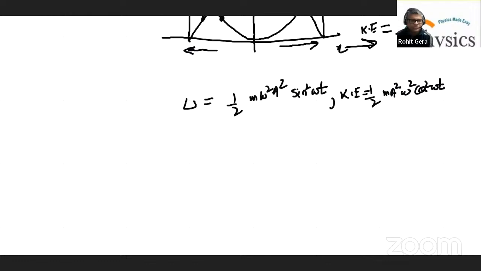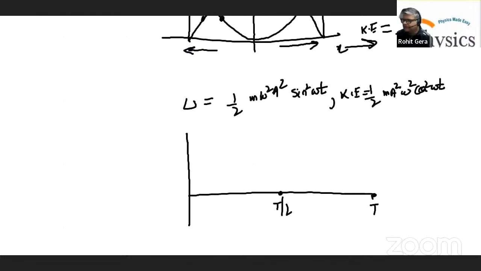So if you were to show this on a graph, I want to show the kinetic energy and potential energy over one cycle of an SHM. तो मान लो ये आपका टोटल टाइम पीरियड में से T/2 यहाँ पे है और T यहाँ पे है, और आपको एनर्जी की फ्लक्चुएशन दिखानी है, and you have already derived an expression where this was cos 2 omega t.